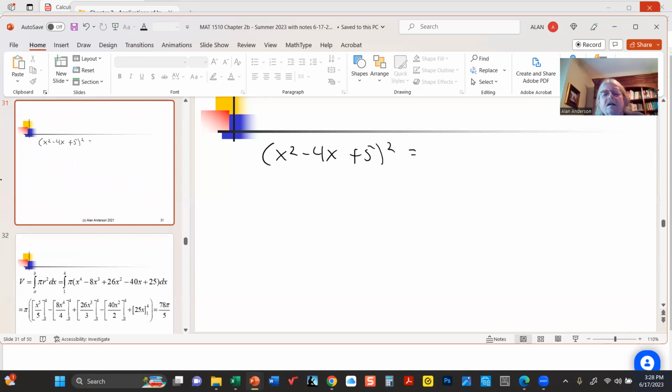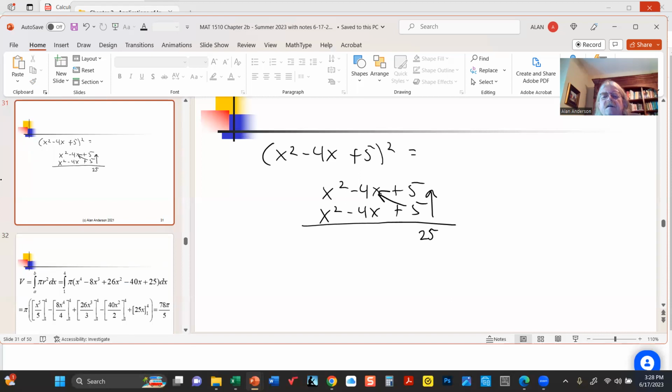The way I was taught to do this is to line them up. And now what we're going to do is multiply every term by every other term. In other words, I'll multiply these, and then these, and then these two.